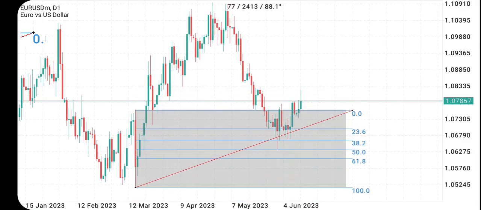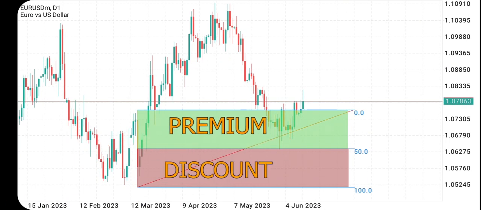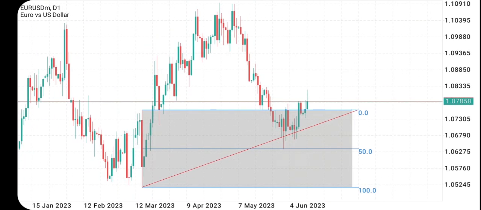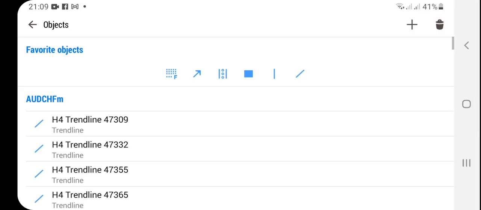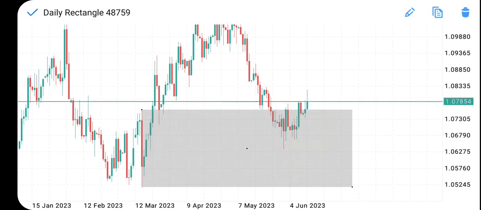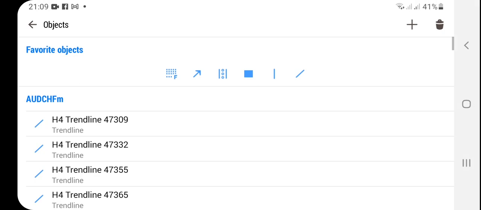We see that price hit exactly the 50% of the premium and discount zone. So it hit the equilibrium of the premium and discount and then decided to start shooting up. So daily is also indicating that price is shooting up, and weekly is indicating the same thing.